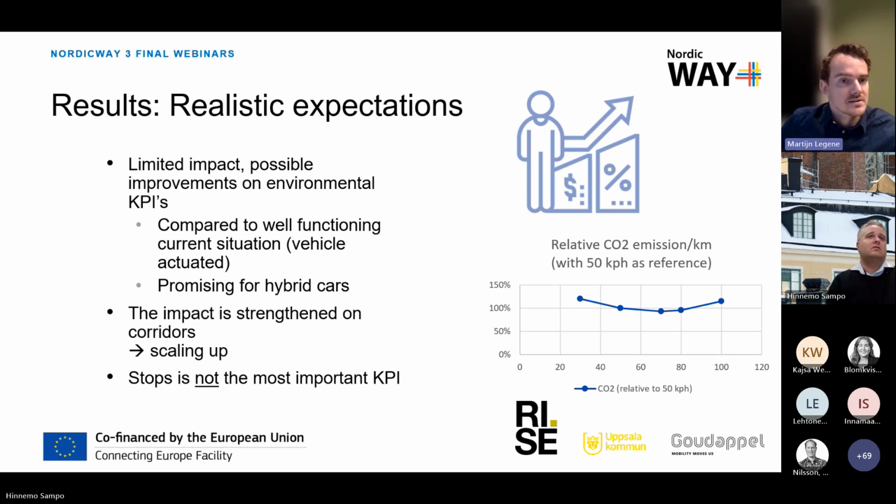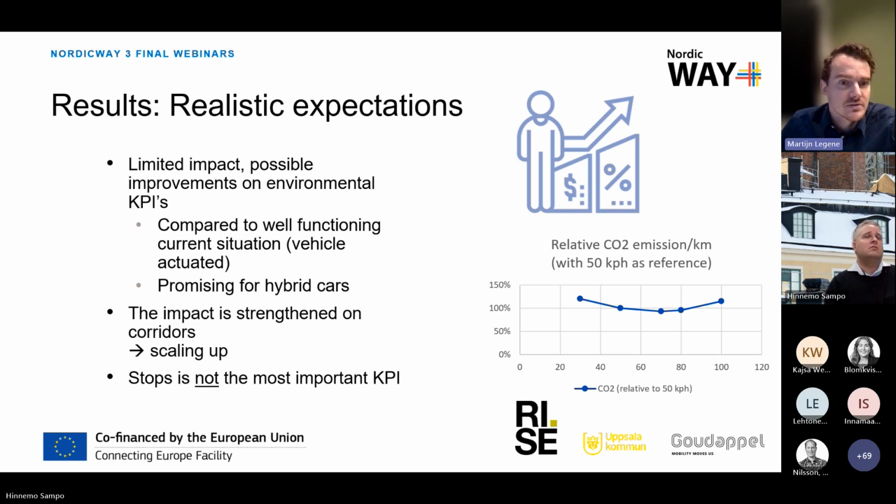We see there is overall limited impact based on environmental KPIs, but there are some improvements possible. However, this is compared to a system that's already well functioning. In Sweden, or in Uppsala at least, you generally use vehicle actuated traffic signaling. And because of difference in speed, it's promising for hybrid cars. I will go into that later on as well.